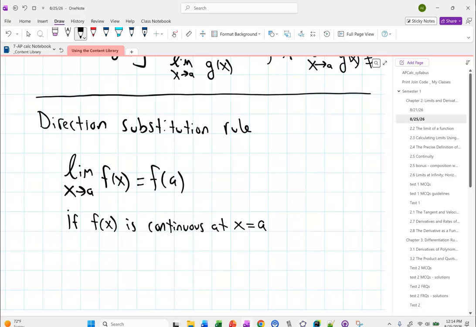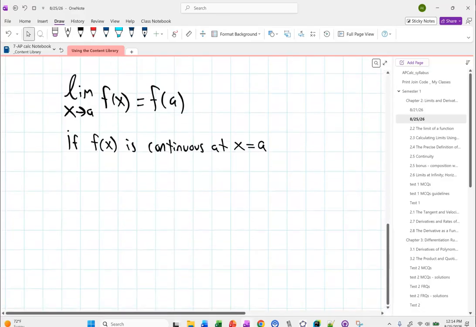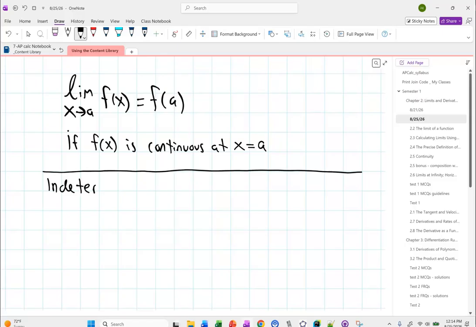You could spend time checking for continuity, but in reality, what we want to worry about is our indeterminate forms. We'll tie this back together with direct substitution and start building out a procedure for evaluating these limits analytically here in a moment, okay?